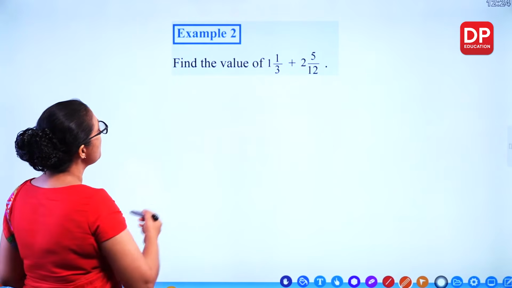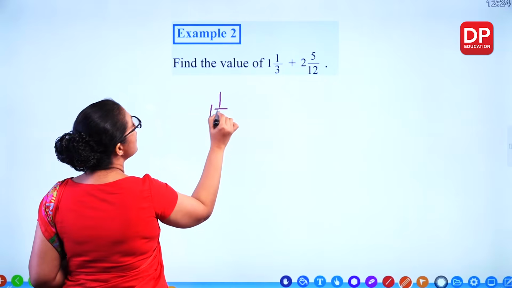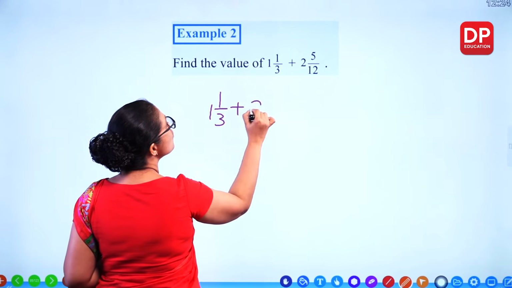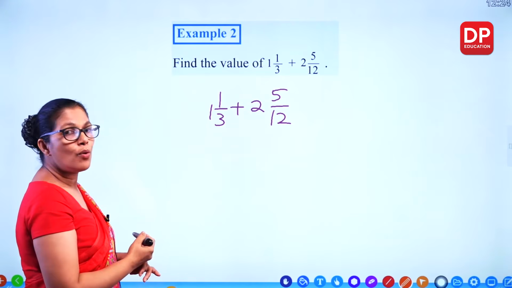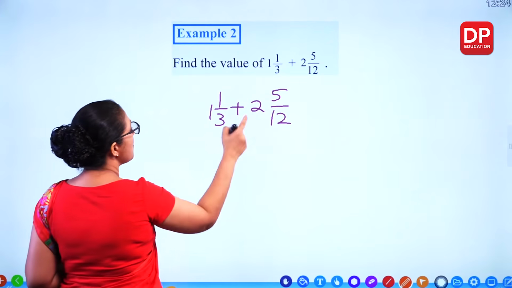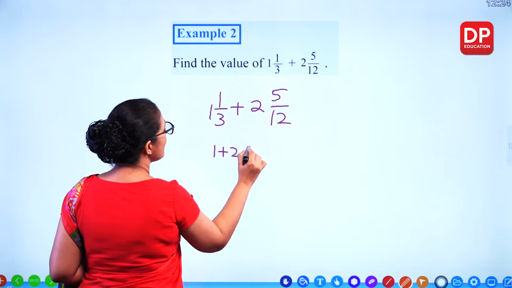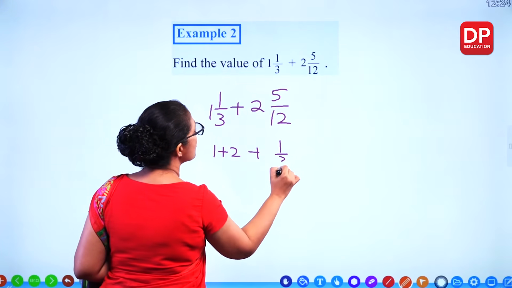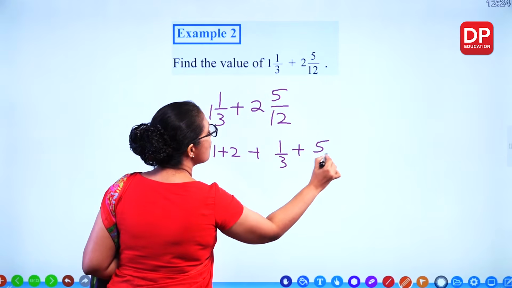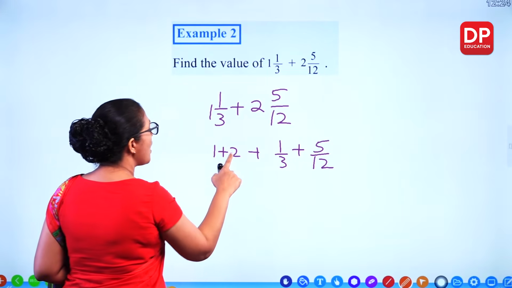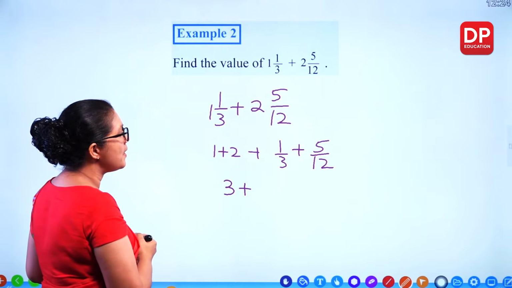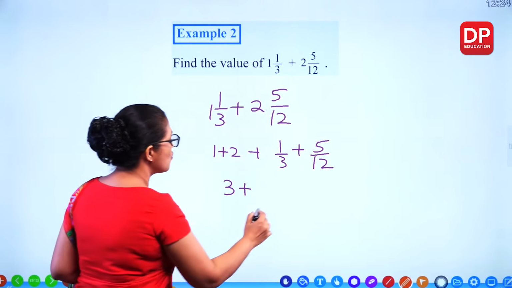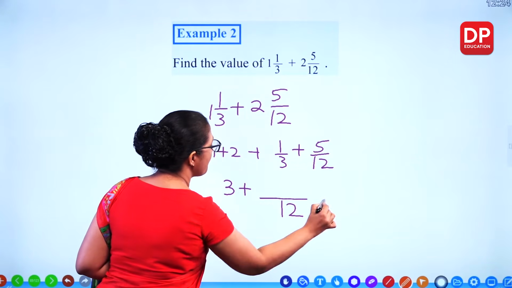Example number 2. Find the value of 1 and 1/3 plus 2 and 5 over 12. Add the whole number separately. 1 plus 2. And you can add the fractions separately. 5 over 12. So 1 plus 2 is 3. Now find the common denominator of 3 and 12. So that's 12.